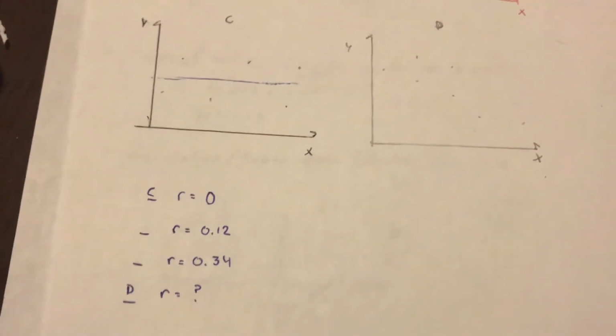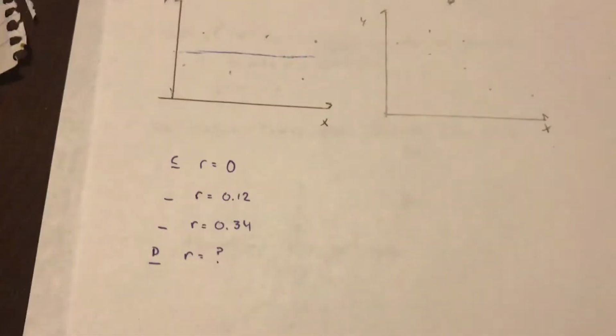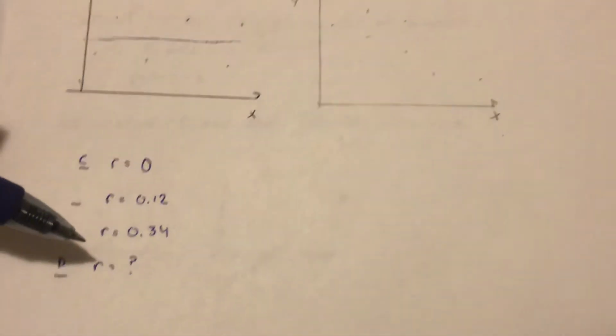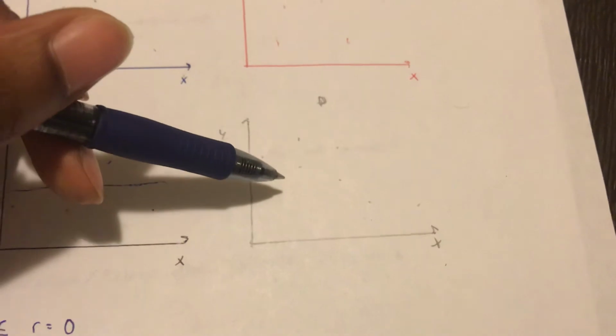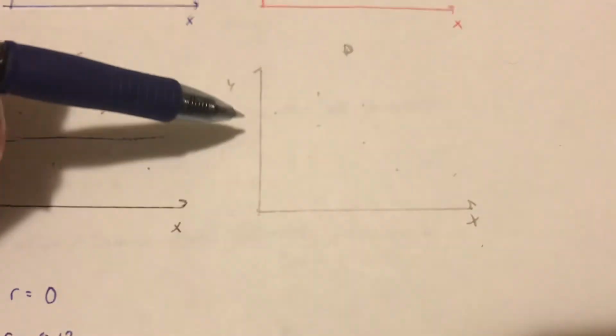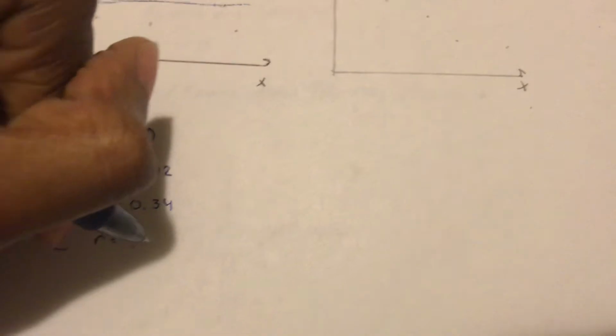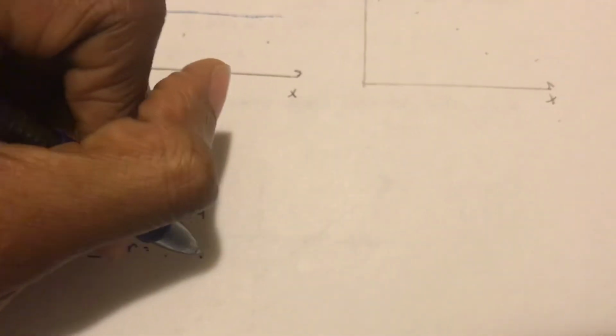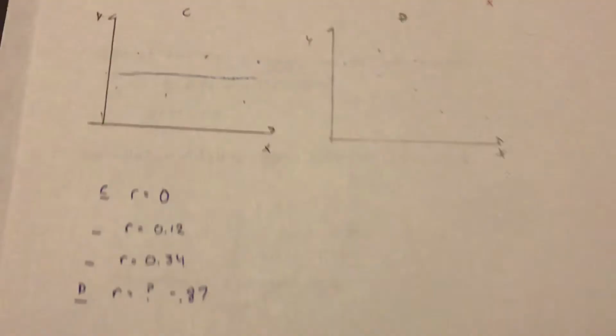You should have got 0.34, and for the fourth one, for D, you should have anything that is close to 1 or close to -1, because of the fact that, as you can see, as X increases, Y decreases, so it should be a negative number for this. So an example of this would be -0.87, and that would work for this.